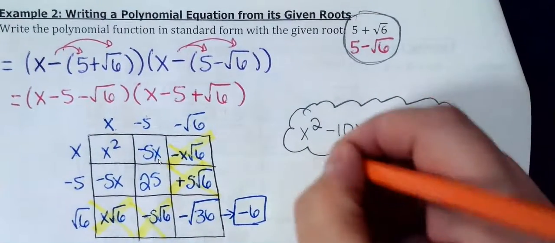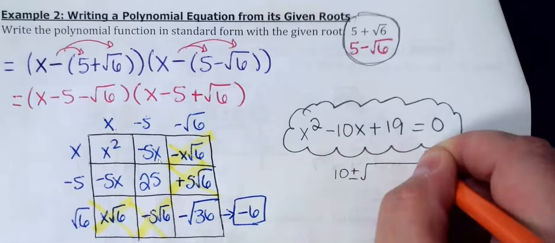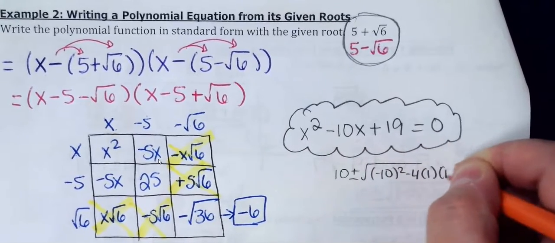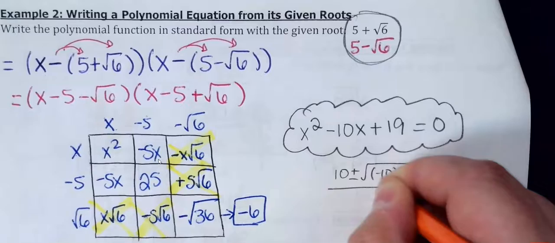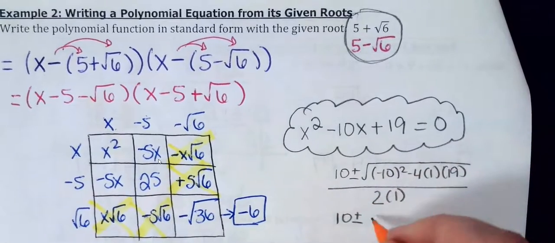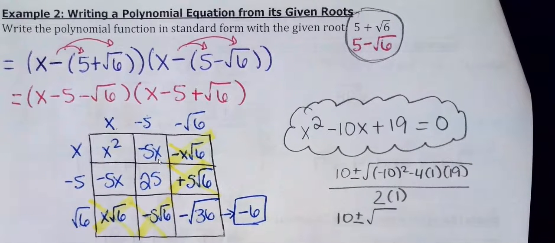If I do the quadratic formula on this, I'd get positive 10 plus or minus the square root of negative 10 squared minus 4 times 1 times 19, everybody over 2a. You guys don't have to do this on these problems at all on the homework. I'm just going to try to show you where it comes from. This becomes, let's see, 10 squared is 100 minus 4 times 19.